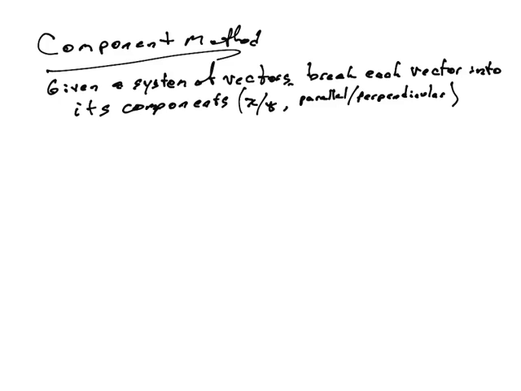Once you've broken all the vectors up into components, add components piecewise, which basically means add x's with x's and y's with y's.